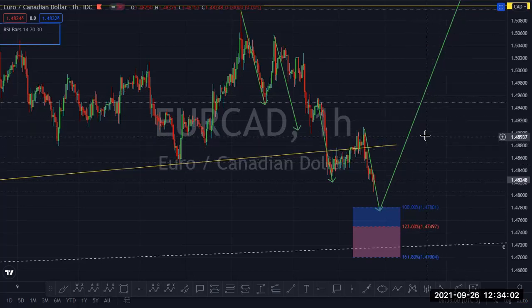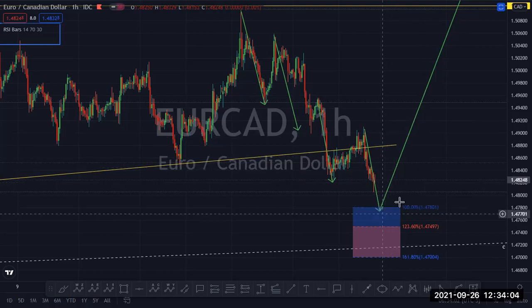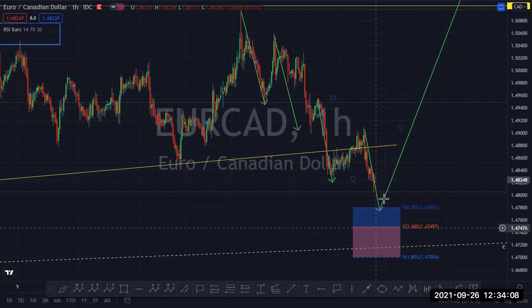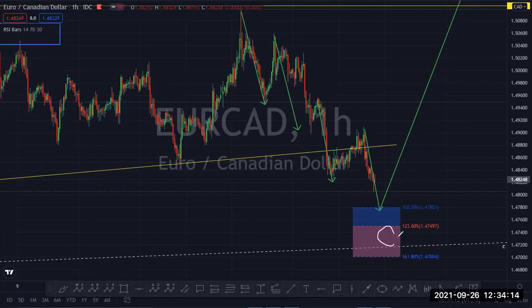Okay, I will only look for a buy when price comes to this level. If not, I'm not looking for a buy. I can only buy from here, and when the price breaks this level, I can buy. But for now, I cannot buy here.